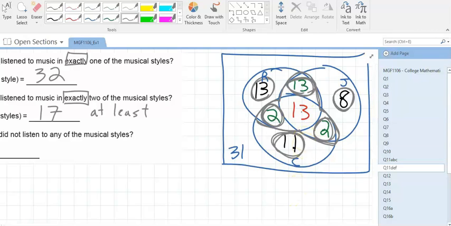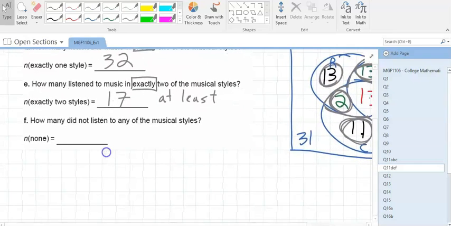When you say at least 2, that means you start at 2, but you could be more than that. You could be 3 styles, 4 styles, 5 styles, and so on. So if you see the word at least, then you would add all the greens with the red, and that would have given you 30 as an answer. So be careful and make sure that you read carefully. Sometimes they use exactly, but they might throw in the word at least.